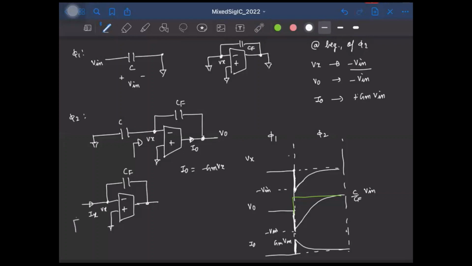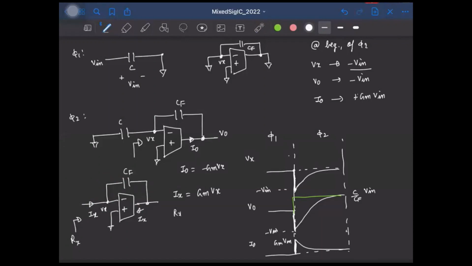And we are interested in finding the resistance looking in this direction, say Rx. So this current Ix will flow through the capacitor like this, right? And it will flow back into the GM like this. So if I call this current Ix, what is Ix? Ix is simply GM times Vx, right?